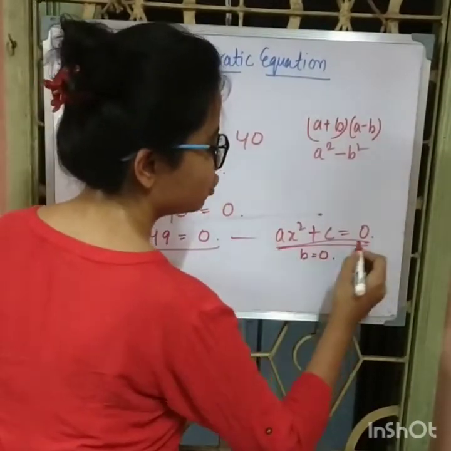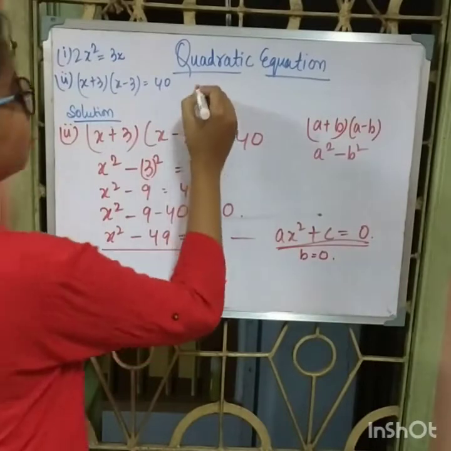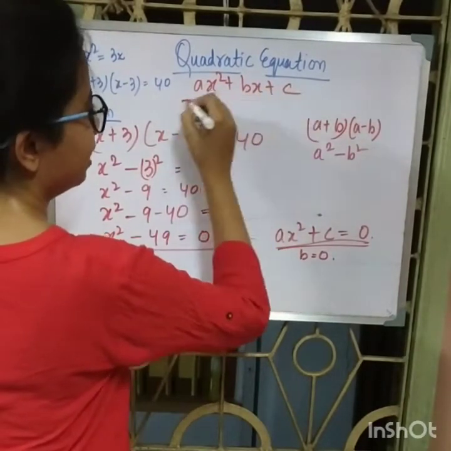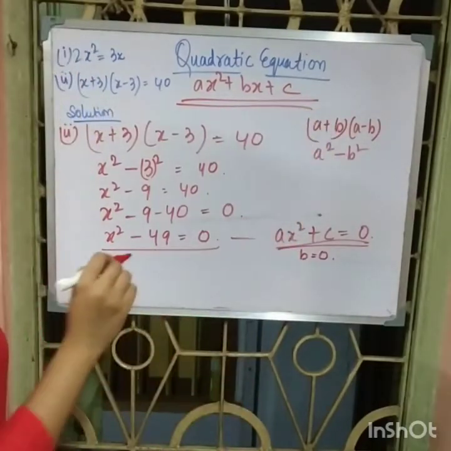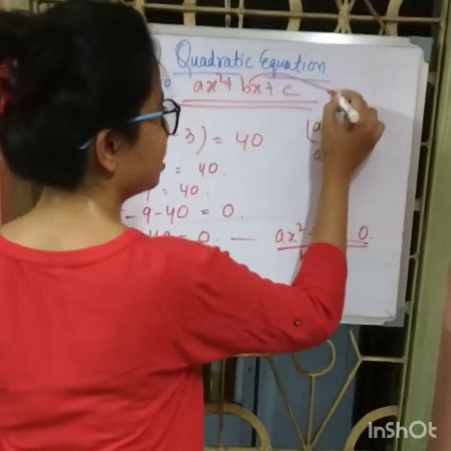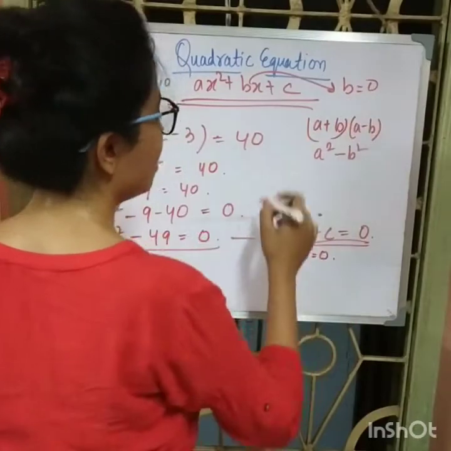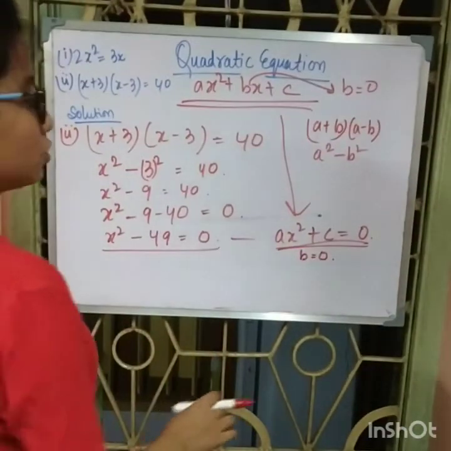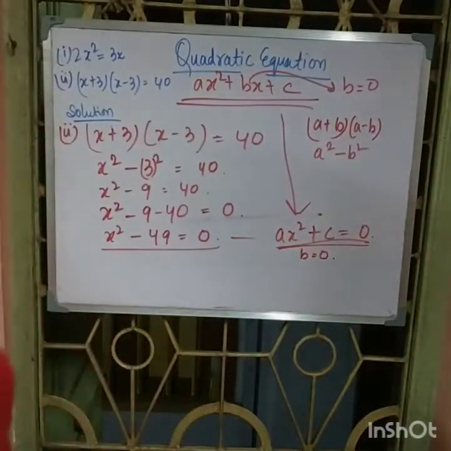That's why there is no x part. Normal quadratic equation is of the form, right? If I put b is equal to 0, then the equation becomes this. Okay? So how to solve these kinds of equations?